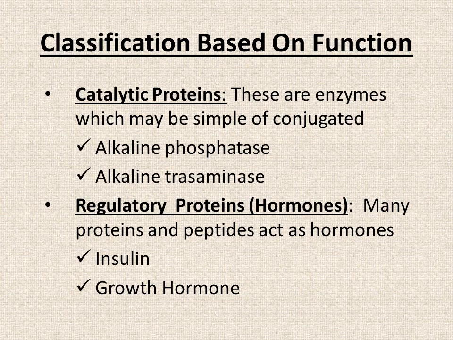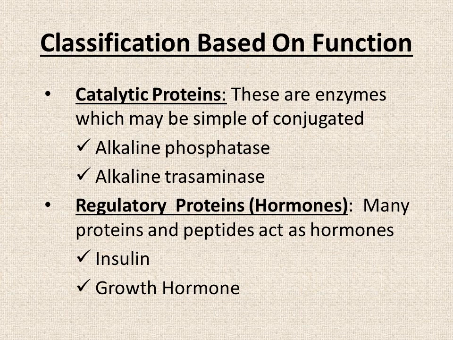Now the second category in this classification is that of hormones or regulatory proteins. So there are many proteins and peptides which are acting as hormones, and that is why they are classified as regulatory proteins. And why are hormones termed regulatory proteins? Because hormones control, or in other words, they are in charge of many different metabolic processes that are taking place inside our body.